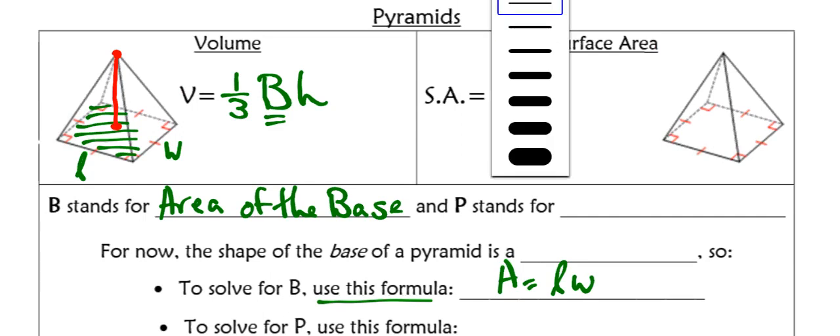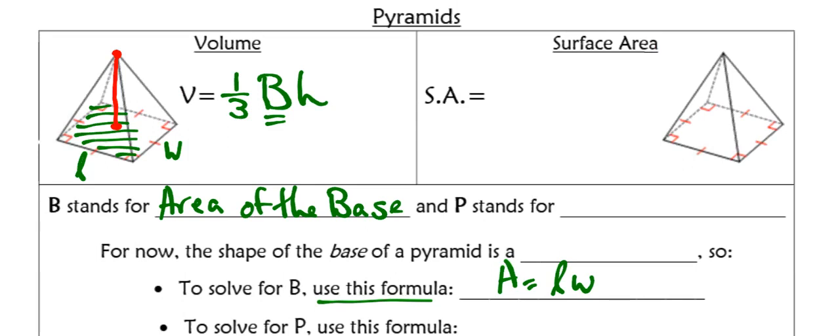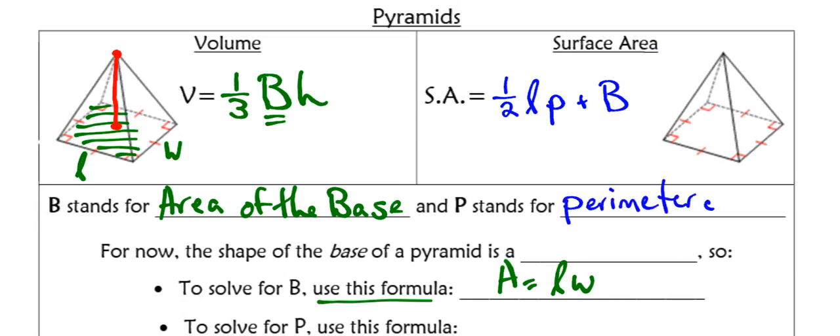So, surface area of a pyramid is 1/2 LP plus B. We're actually still going to find the area of that base, but we need some other things. We need the perimeter of the base, which means we're going to add up all four sides of that shape.